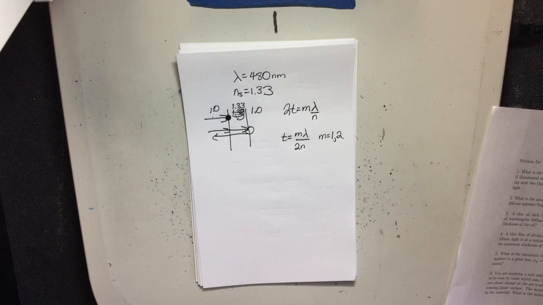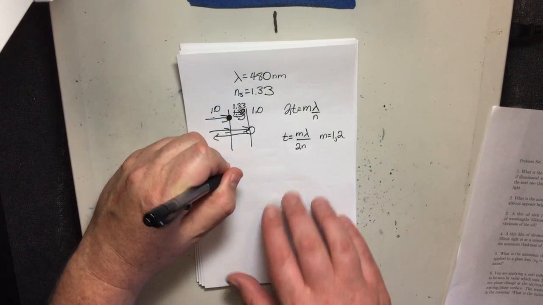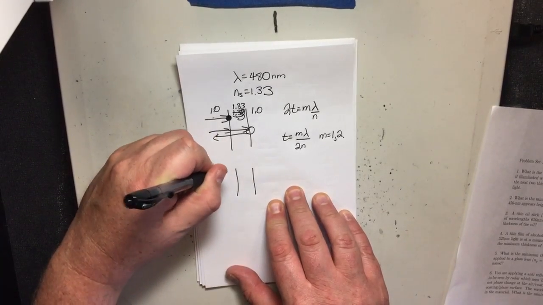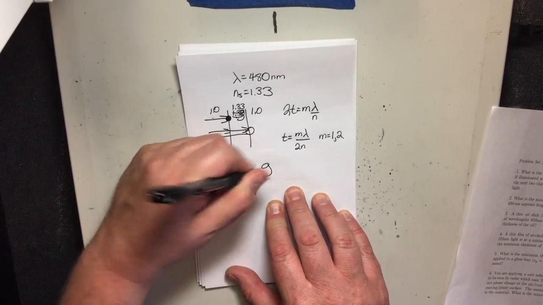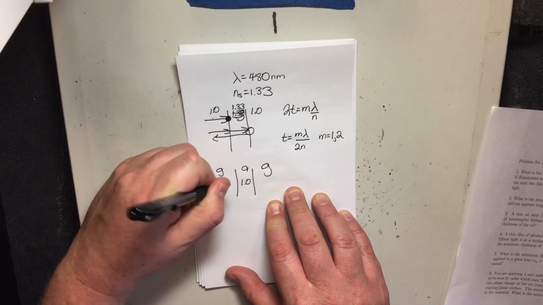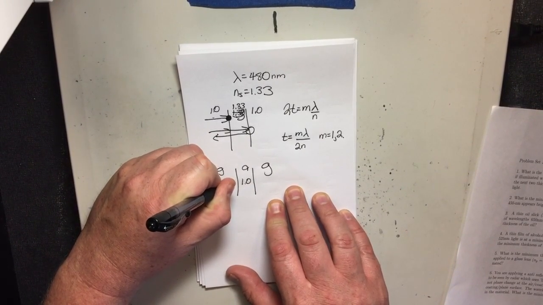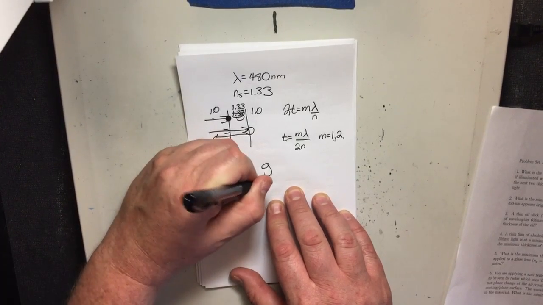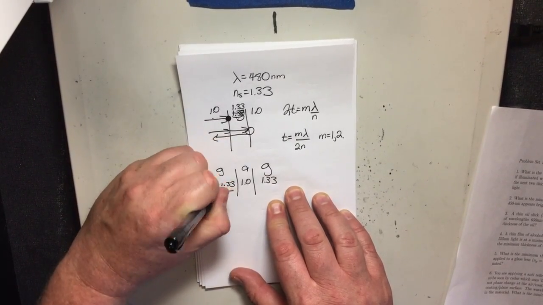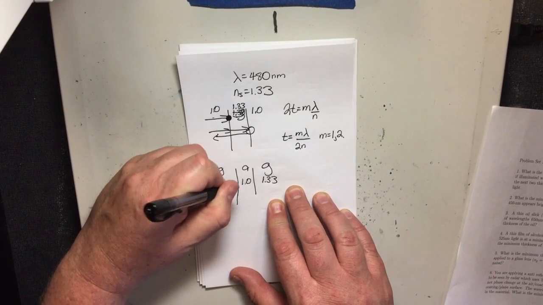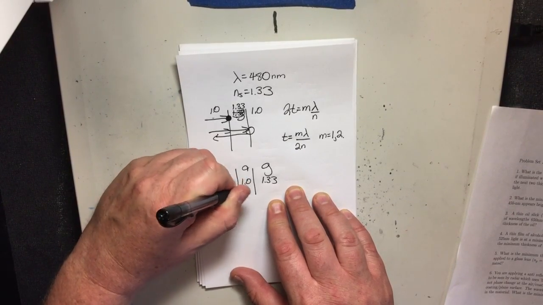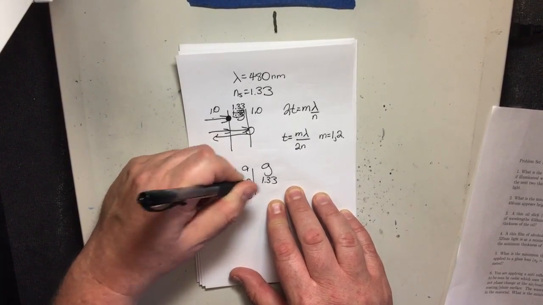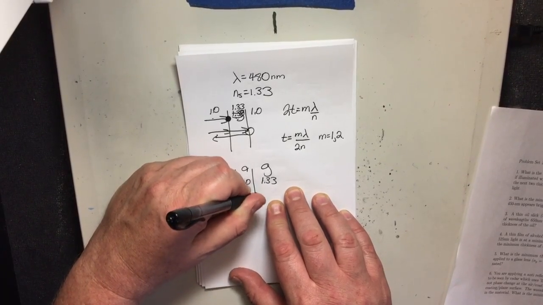2, what is the minimum air layer between two sheets of glass if the light at 450 nanometers appears bright? So glass, air, glass. Really, the glass doesn't matter, we can use water, whatever. The index of refraction is going to be higher. So this 1.33 to 1 is lower. 1.0 to 1.33 is higher.